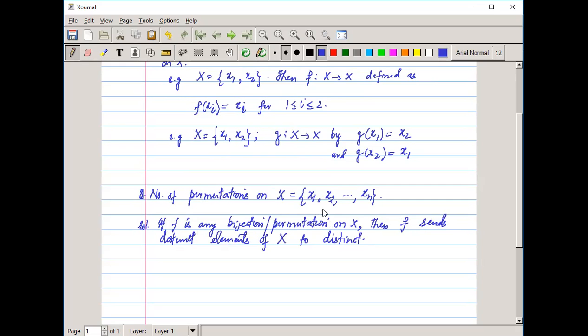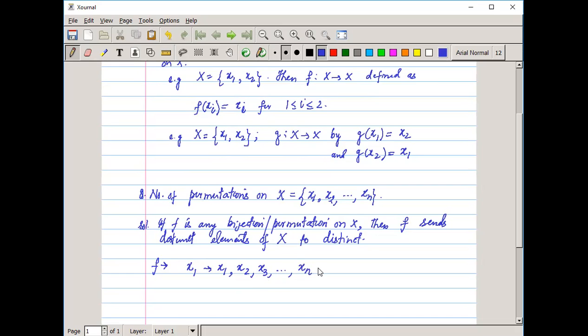Now let's start with defining the images of these points x1, x2, ..., xn under the mapping f. So let's start with x1. Under the function f, it can send x1 into x1, it can also send x1 into x2, x1 could be sent to x3, and so on.